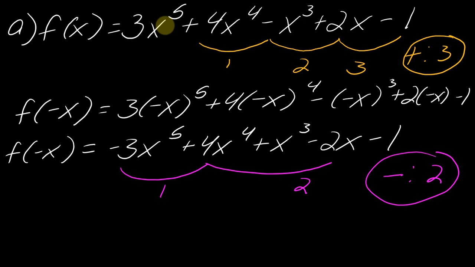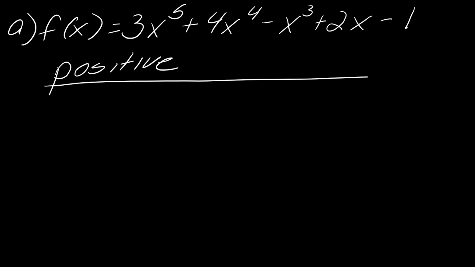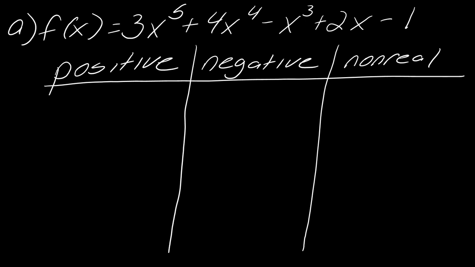But we're not done. Now I'm going to show you the weird part of this rule. Let me clear some space. What I want to do now is make a table of possibilities, showing the possibilities of positive real zeros, negative real zeros, and then non-real zeros.